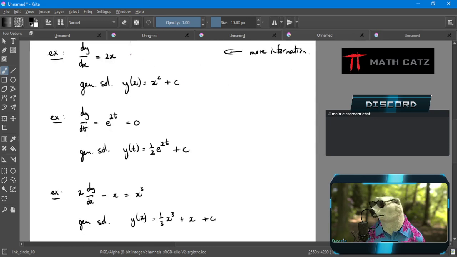For example, they could tell me, well, y at 2 equals 4. Some extra information.